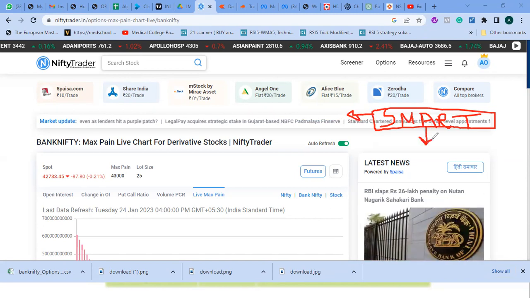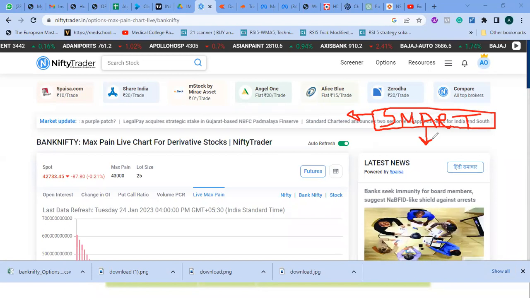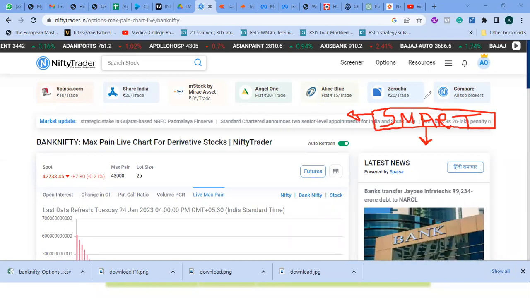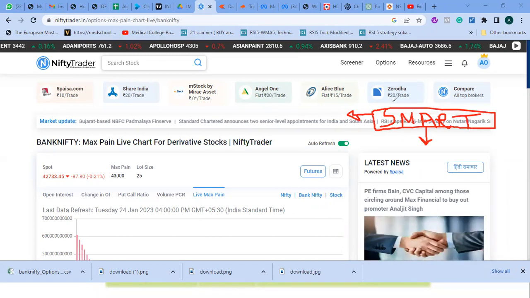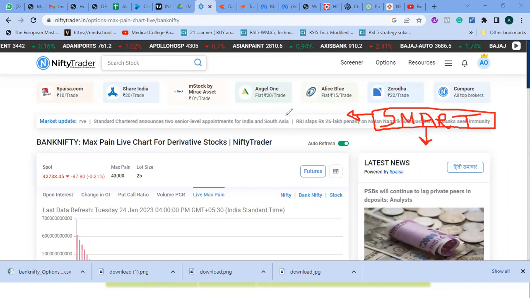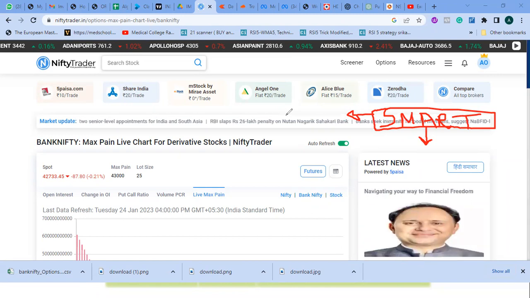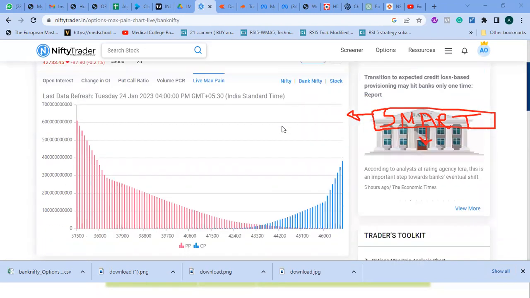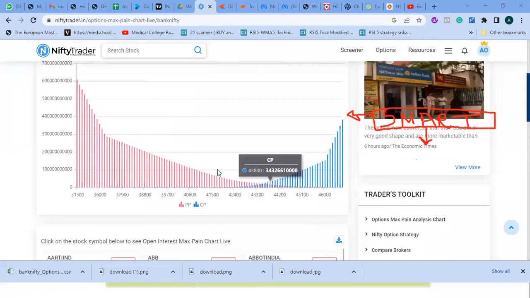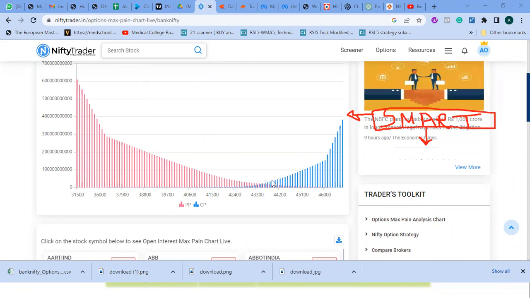Now even we enter the market with the view to earn profits, but smart money have the power to move the options and move the market. So what is the point at which the smart money will get maximum profit? Depends upon where is the open interest converging of all the open interest of call and put side.